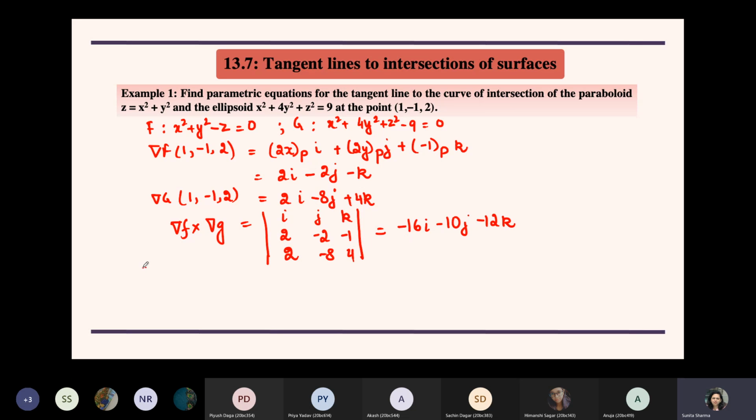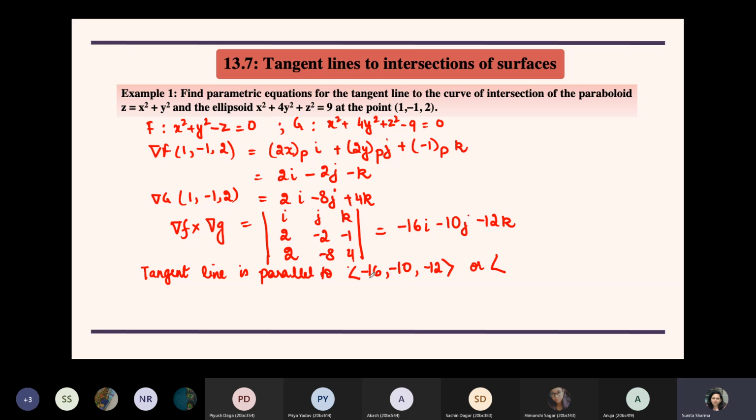Now the tangent vector or the tangent line is parallel to this vector, which has these components. I can simplify this further and say that it is also parallel to another vector.